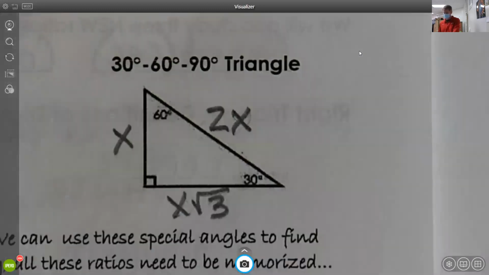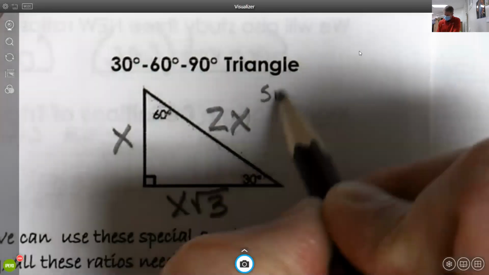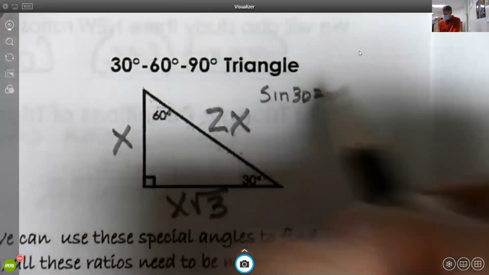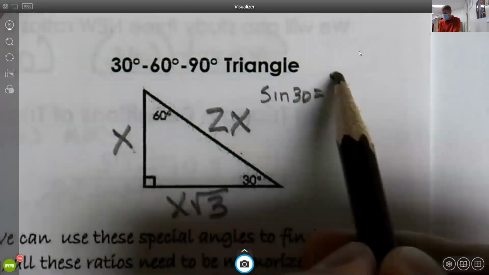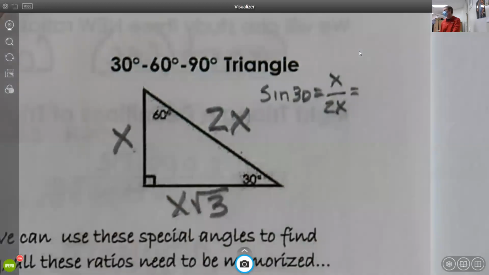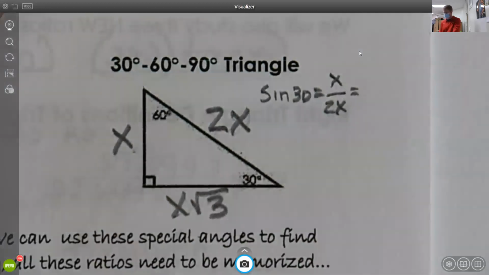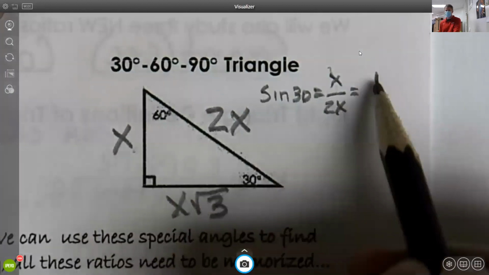So let's see if we can get this to fit in here. When I do the sine of 30, that's the opposite over the hypotenuse. That is x over 2x. How's that going to reduce? The x's would reduce, and you'd get 1 over 2.